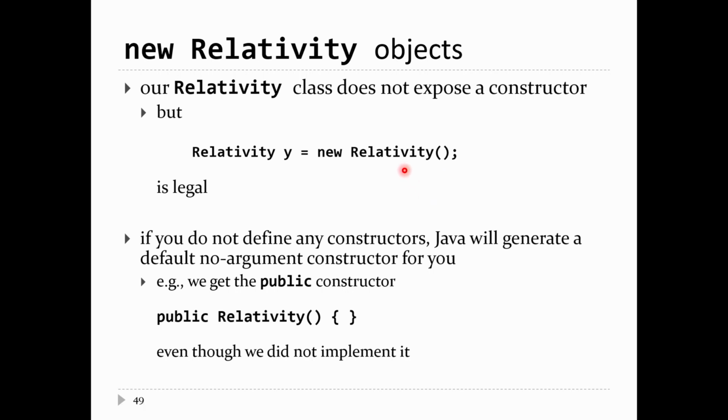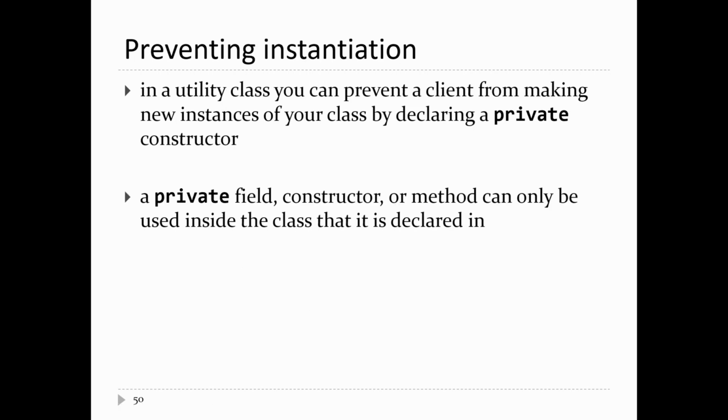Now, if you try to do this with the math class, this doesn't work. So if you were to write Math m equals new Math, that doesn't work. So we'd like to find a way to stop this from happening. And the solution is simple. You just create a private constructor yourself in the class. It's private, so anybody outside the class can't use the constructor anyway.